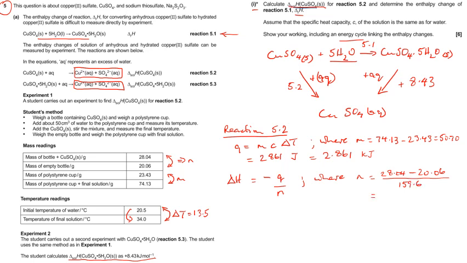So moles comes out to be 0.05, keeping our 3 significant figures like that. Therefore, going back to delta H, that's going to be minus Q, so minus 2.861 divided by 0.05, and that gives us minus 57.22 kilojoules per mole.